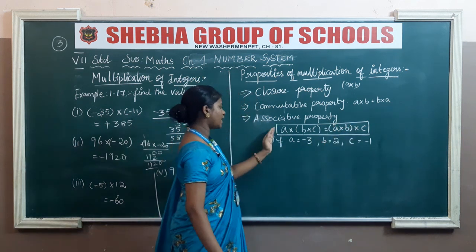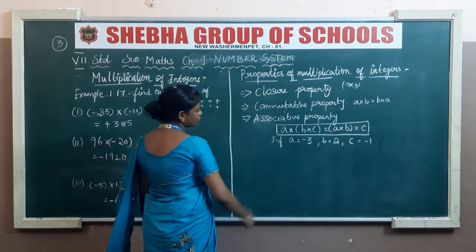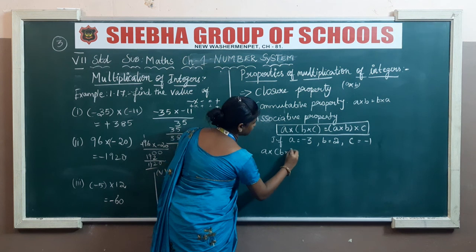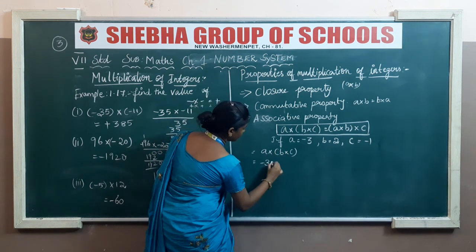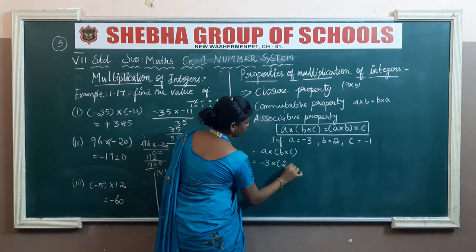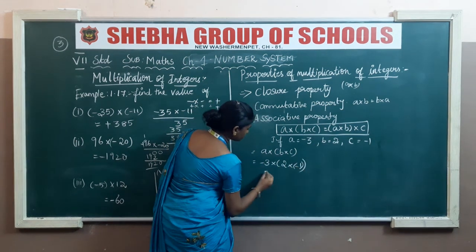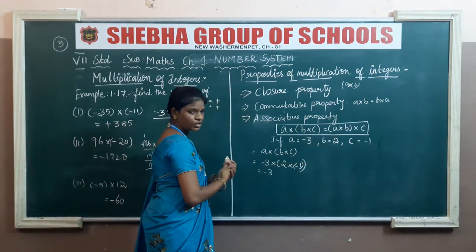Let us take the sum: a value is minus 3, b value is 2, c value is minus 1. First we have to prove whether the two sides are equal or not.